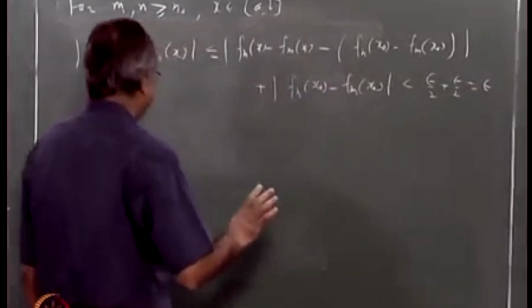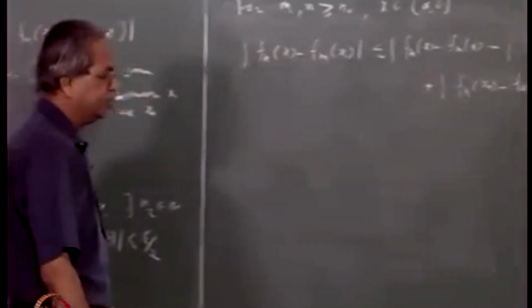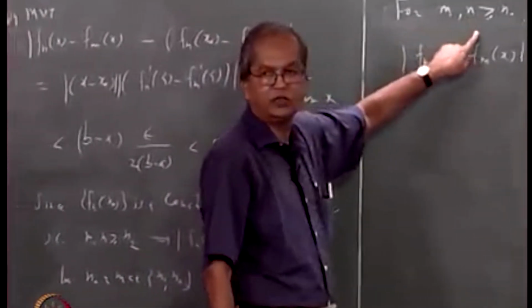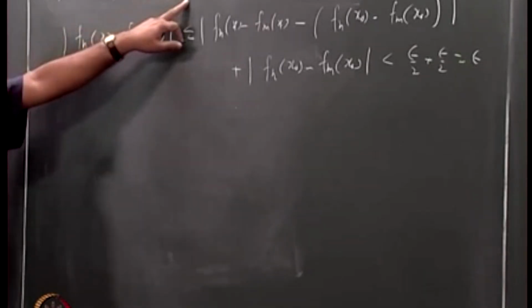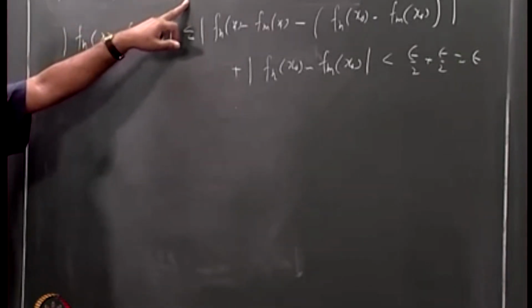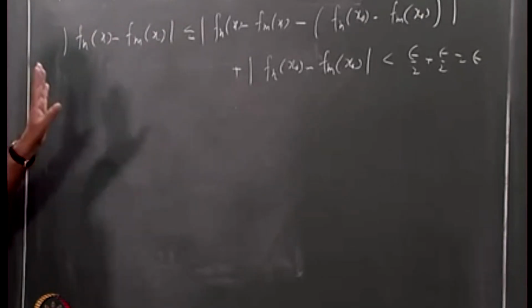So what did we show? That given any epsilon, there exists n0 such that whenever m and n are bigger than or equal to n0, mod fnx minus fmx is less than epsilon for every x in AB, which is the same as saying that fn is uniformly Cauchy.